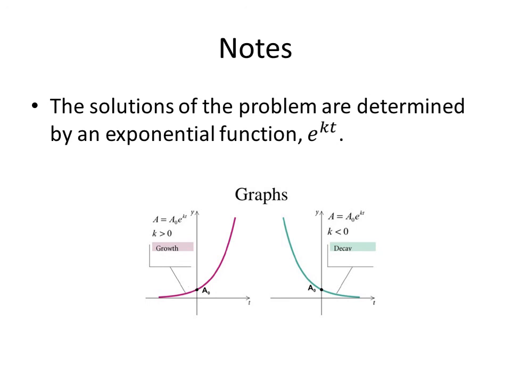Thus, the value of k will determine whether the problem is related to a growth or decay problem. Therefore, the positive value of k will yield a growth model, whereas the negative value of k will yield a decay model.